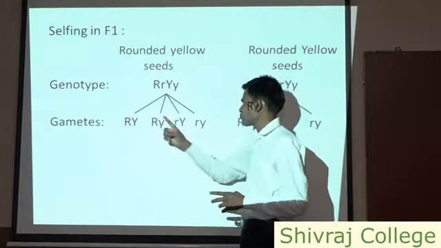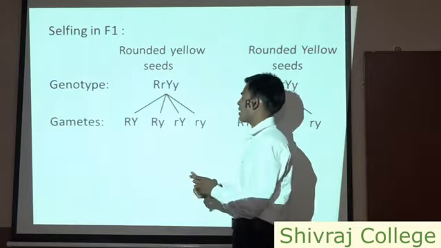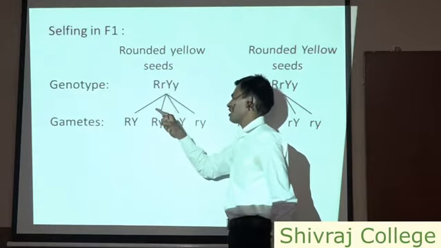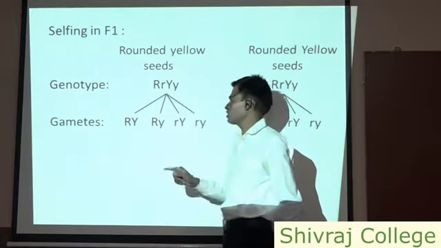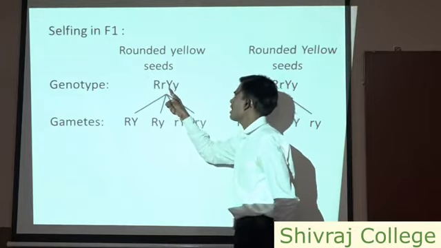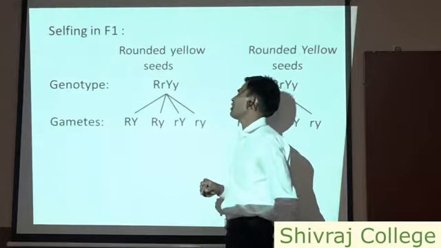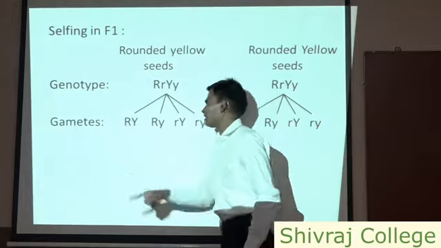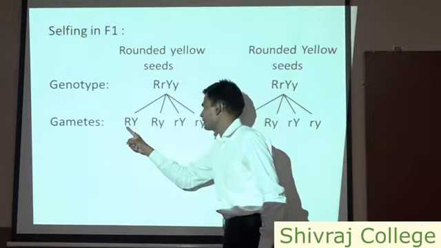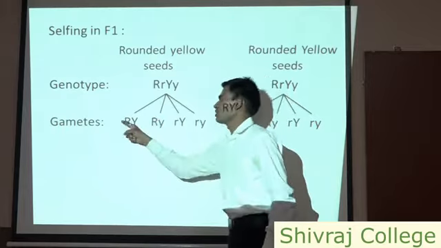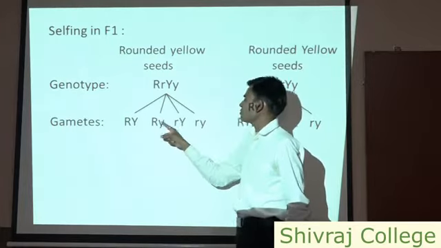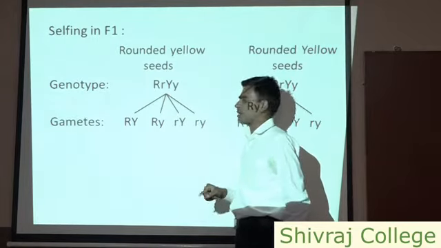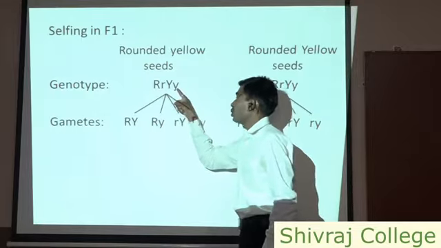These gametes are, first, capital R, capital Y. Out of capital R, small r, only capital R is introduced into the gamete, and out of capital Y, small y, only capital Y is introduced. So this gamete contains the alleles capital R and capital Y. Another gamete: out of capital R and small r, only capital R is introduced, and out of capital Y, small y, only small y.